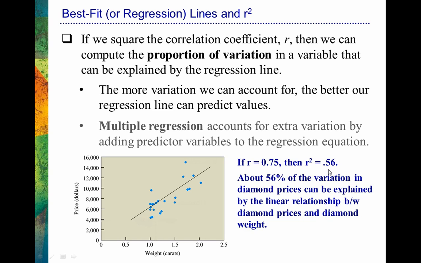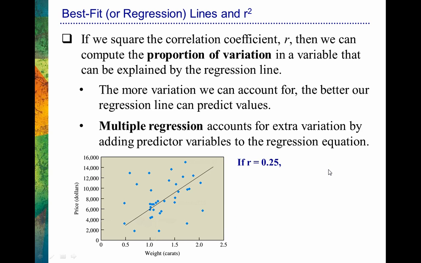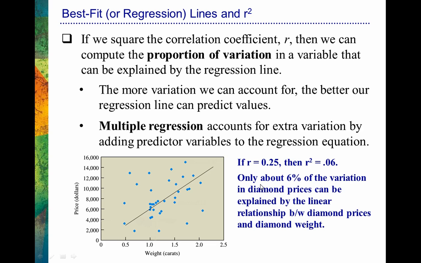So let's look at another example here. If the correlation value was equal to 0.25, when we square that, r squared is just equal to 0.06. So we noticed before that when the correlation between the two variables is relatively weak, our prediction is going to be relatively weak. And here the amount of variation that we're able to explain is relatively small.